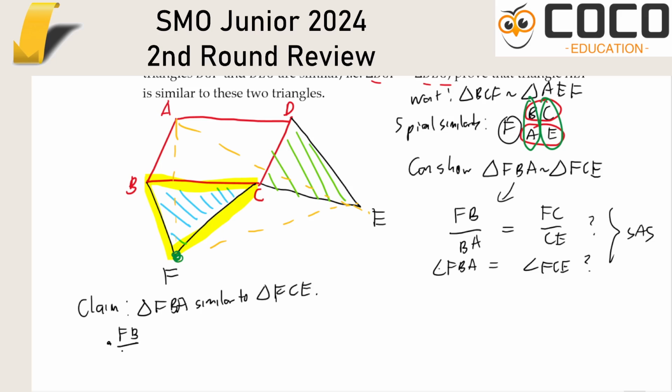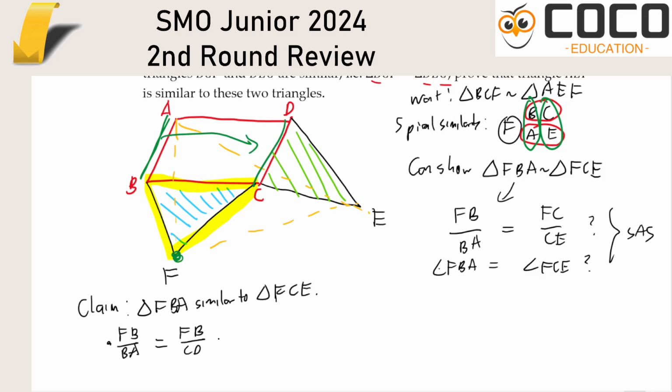So how do I show that FB over BA equals to FC over CE? Well, BA is part of a parallelogram. I can shift it over to the other side. So then it would fall into the two similar triangles, which I already am given. Okay.